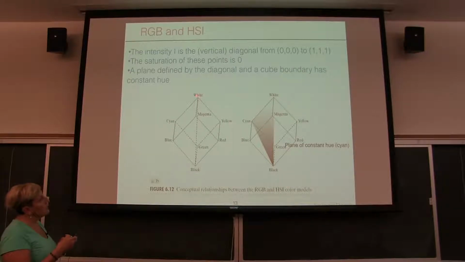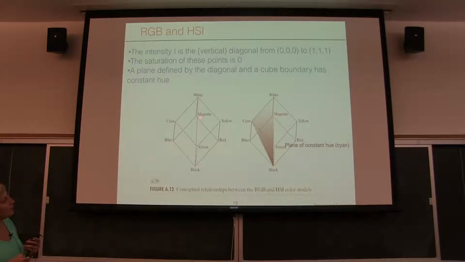The opposite corner in the diagonal is white. And then I have the primary colors, red, green, and blue, and I have the secondary colors, cyan, magenta, and yellow. Now, if you look at the diagonal between white and black, and I move along that diagonal and look at the points in that diagonal, what color are they?